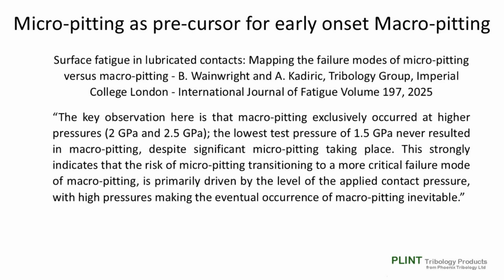The lowest test pressure of 1.5 gigapascals never resulted in macropitting, despite significant micropitting taking place. This strongly indicates that the risk of micropitting transitioning to a more critical failure mode of macropitting is primarily driven by the level of the applied contact pressure, with high pressures making the eventual occurrence of macropitting inevitable.